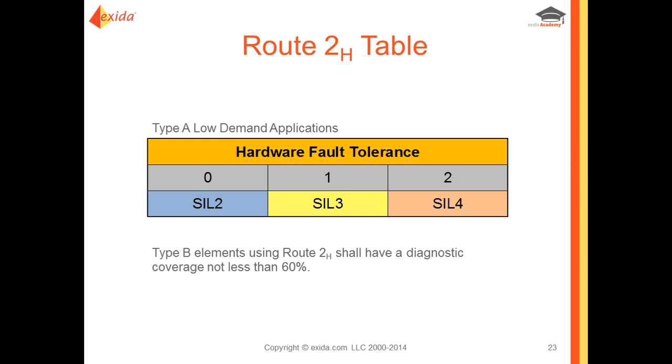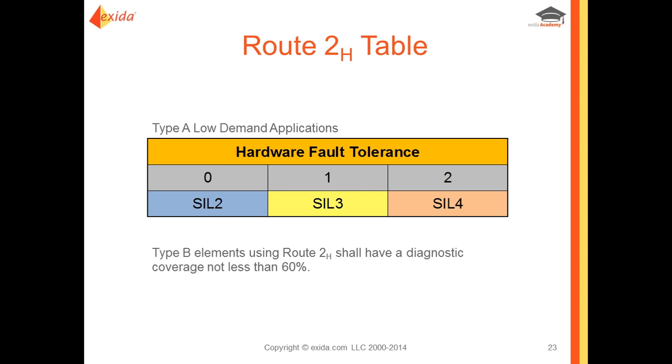Or, because of the 2010 version, it now allows a second route, Route 2H, to be considered. The 2H approach involves collection of failure data, and if that failure data meets the requirements of 61508, then Route 2H can be used to establish the architectural constraints.